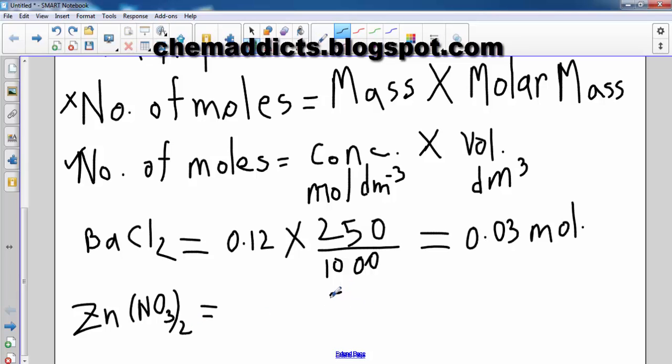We need to convert this into dm cube again, so we will divide this by 1000 and multiply this whole thing by the concentration. The concentration given here is 0.1 mole per dm cube.